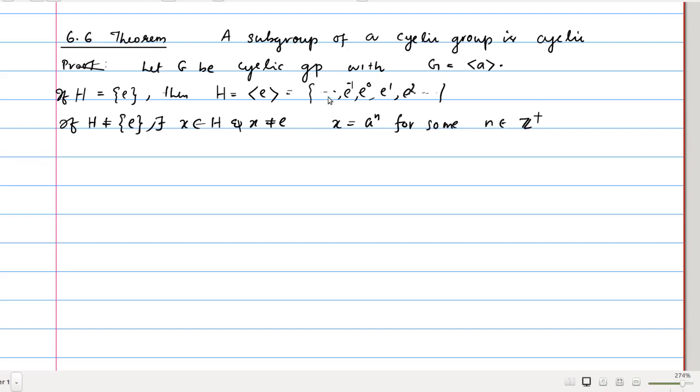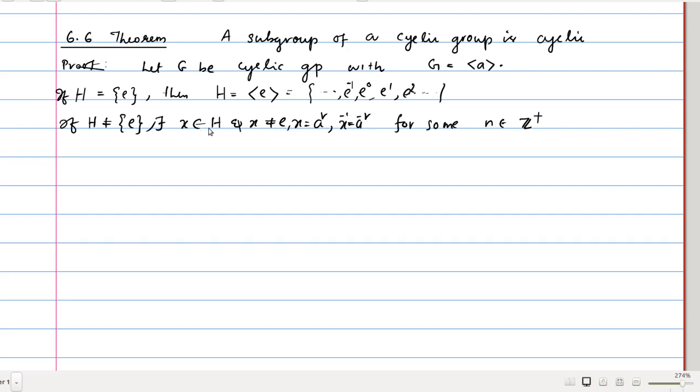Because first of all we can assume that X is equal to A raised to some R, where R belongs to Z. If R is positive, then you can take this n as the same as R. Otherwise consider X inverse, which is equal to A raised to minus R.